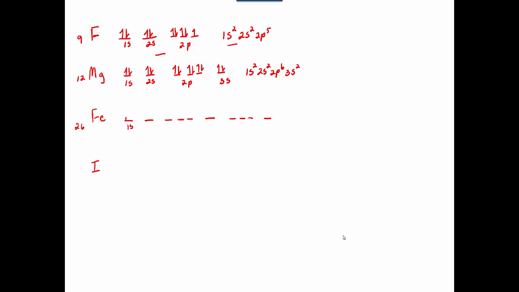So this is the 1s, 2 electrons in the 1s, 2 electrons in the 2s, 6 electrons in the 2p. We have 2 electrons in the 3s, 6 electrons in the 3p.